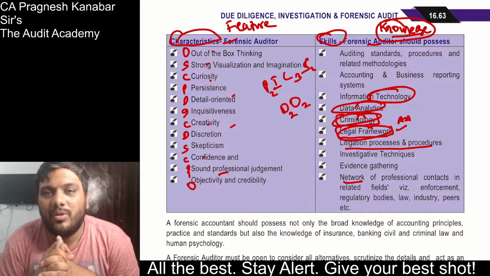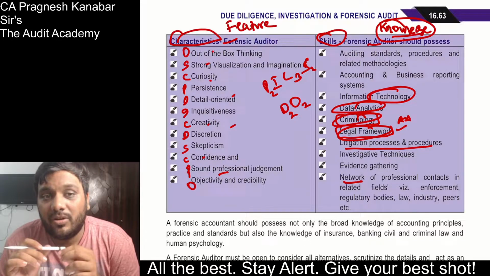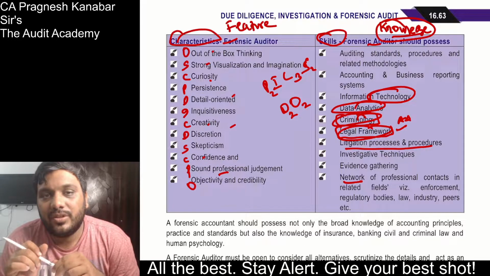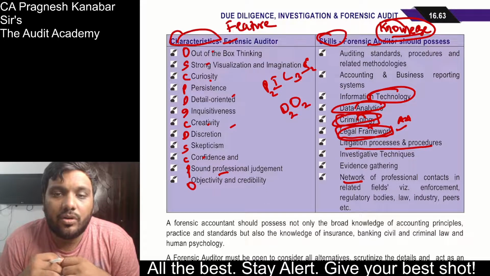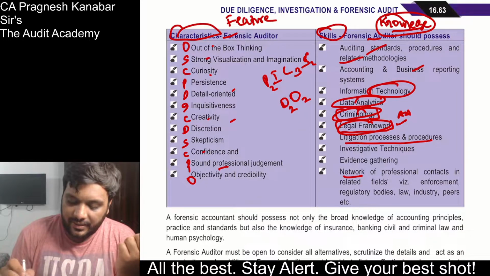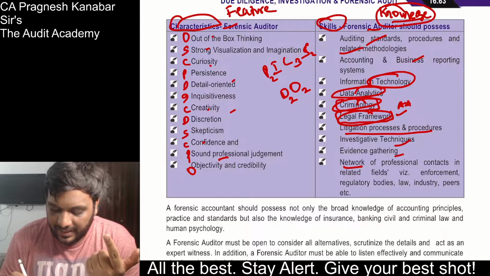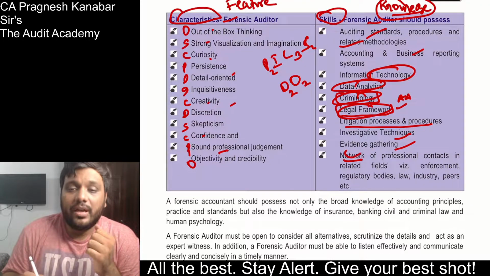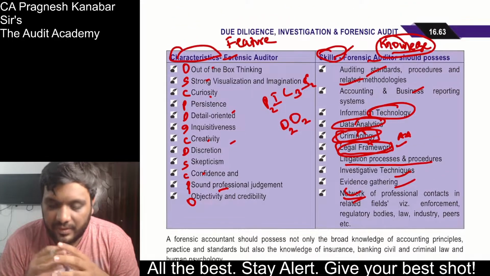Normally for auditors we don't write criminology, but if you're a forensic auditor you should be aware about criminology, legal framework, litigation processes, because you should know how to present a particular thing in front of the court of law. Then accounting and auditing standards, business reporting, knowledge of the business, then techniques, evidence gathering, and you should also have a proper network. So these are some unique points when it comes to skills of forensic auditor.